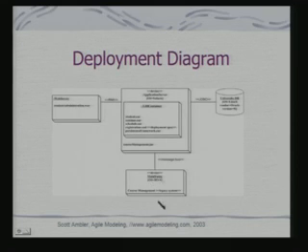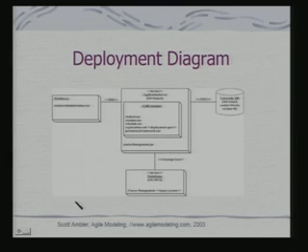I am just showing a deployment diagram to illustrate how the different tasks and objects get mapped. This is your basic application server. This can be your mainframe for processing as well as access, and this is basically your database.